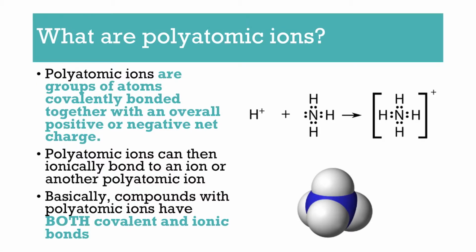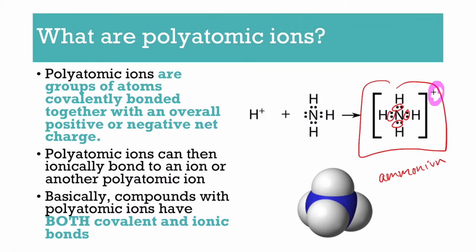So polyatomic ions are essentially groups of atoms that are covalently bonded together, but with an overall positive or negative charge. So here we have ammonium, and you have these shared electrons, so those are your covalent bonds, but we have this positive charge. And now remember, compounds should have this overall neutral charge.